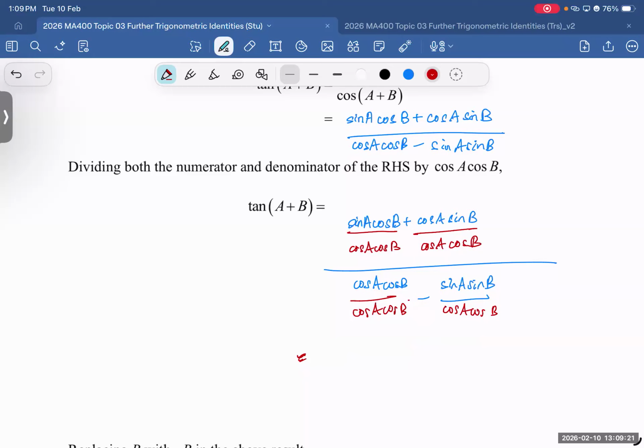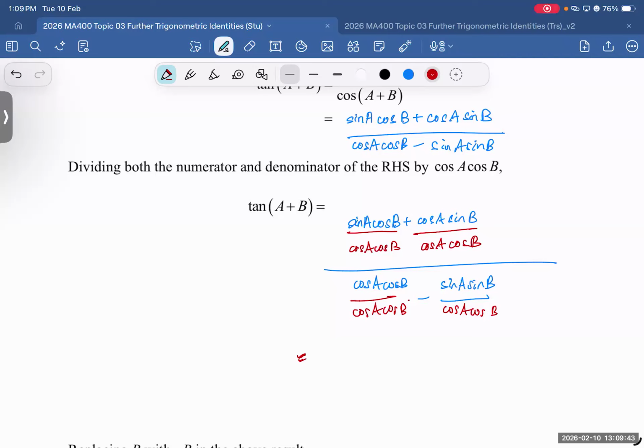This one is tangent A plus B, tangent A over tangent B. Tangent A plus B over 1 minus tangent A tangent B. So you can see the tangent. Very good.